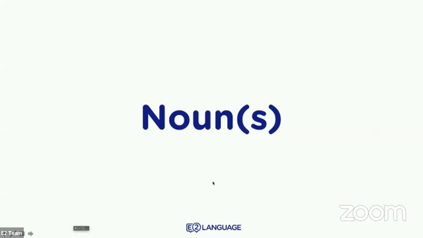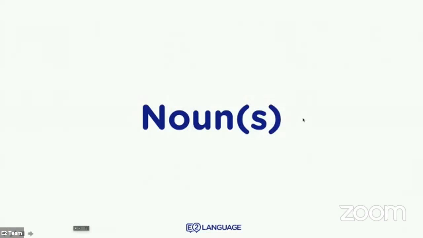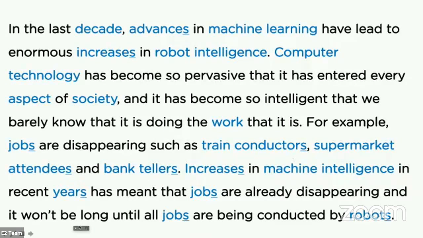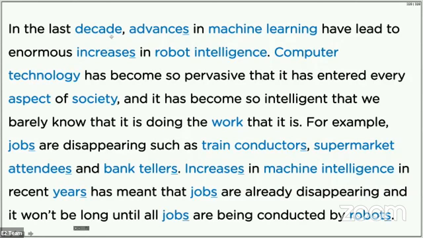Let's think about the singular and plural nouns. Of course, this is like the first lesson that you ever learn in English. It's like one cat, two cats. But you'll be surprised how many people forget to put the S on the end of a noun that is meaning that it has more than one. So let me show you what that means. So here are the nouns in this article or this paragraph.